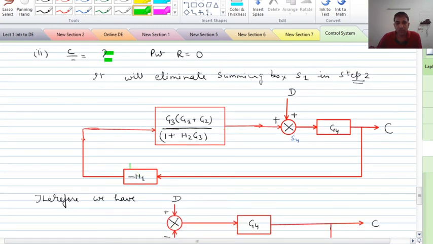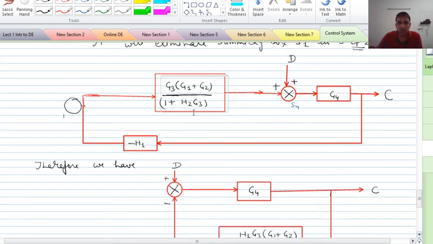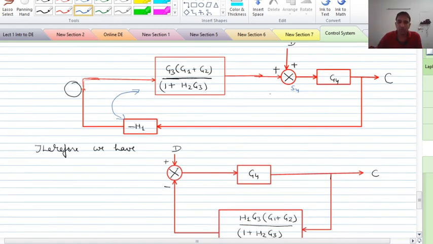I have put this minus sign that was left at this position in the H1 block. Now when we solve this part, it looks like this, because these two blocks are now in series. So we can easily combine them, and we again bring this minus sign outside at this summing box.